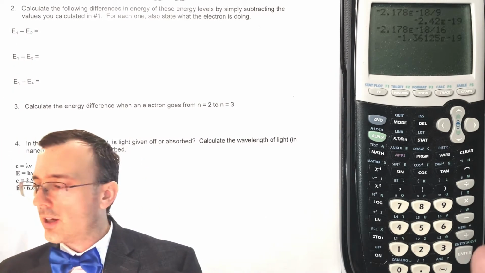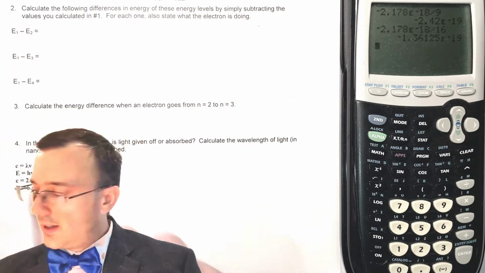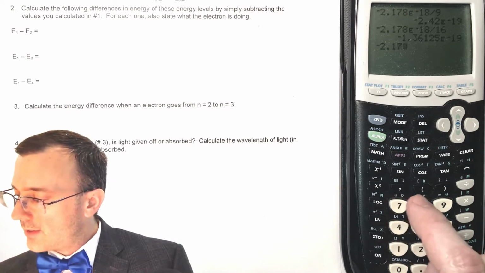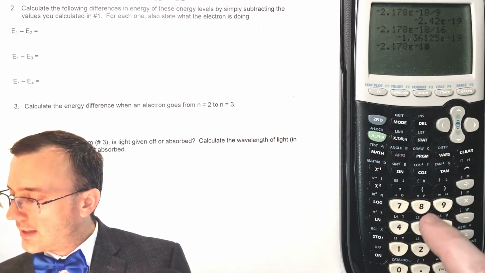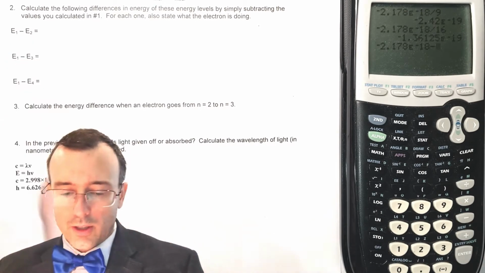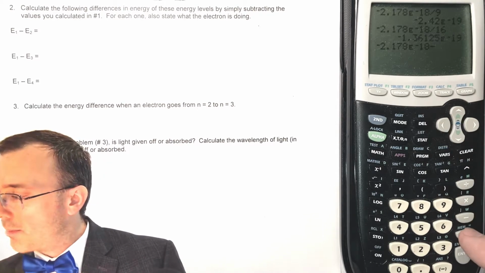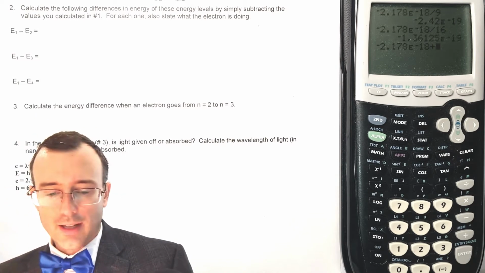Let's go ahead and do that calculation. So if you look back at the previous page, energy level 1 is negative 2.178 times 10 to the negative 18th. And then we're going to subtract energy level 2, which is, well, if you're subtracting a negative number, we can just turn that into a positive. So you can do it if you want. You do subtract a negative, but the same thing, we're just adding to that.